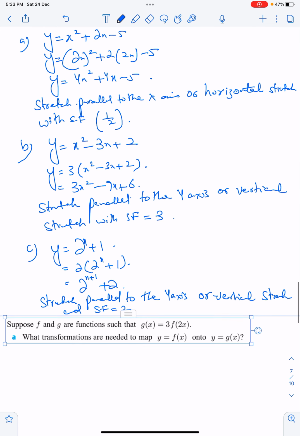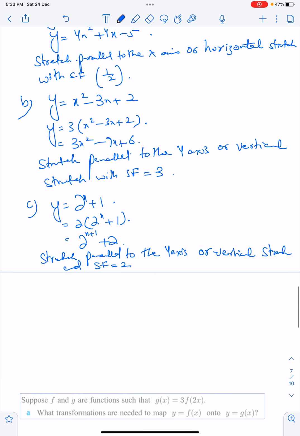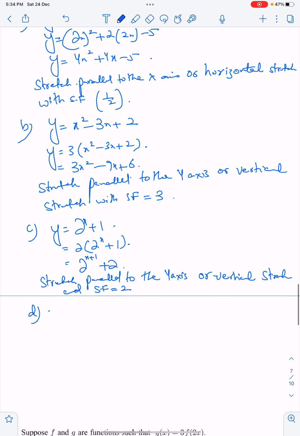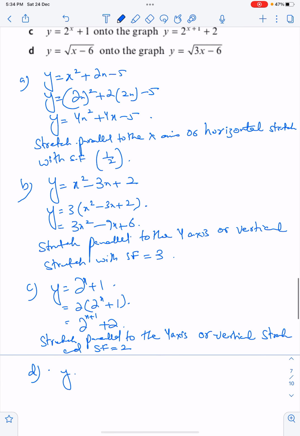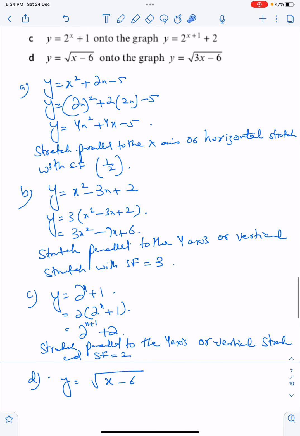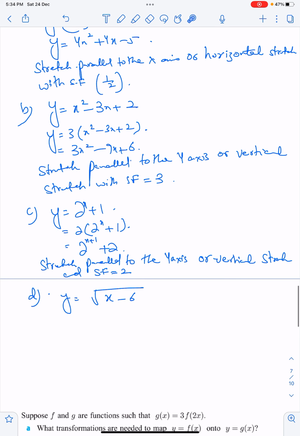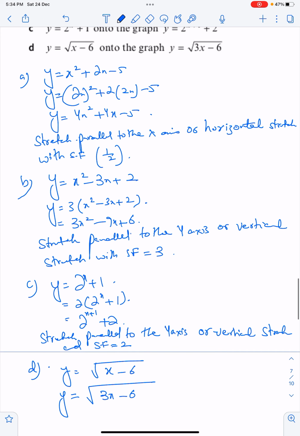Okay, the last part, the D part. I am just copying the equation. It's y equals root of x minus 6. Now that means in the whole of this equation, in place of x they have plugged in 3x. So if I just do it here, y equals, in place of x they have plugged this in to get the resulting equation.